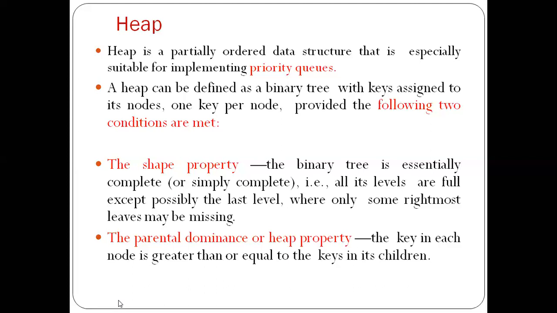We will see an example, then we will understand the heap property. So heap is just a complete binary tree, which is the shape property, and it has parental dominance. That means all the parental nodes should have a value greater than or equal to the keys of its children.